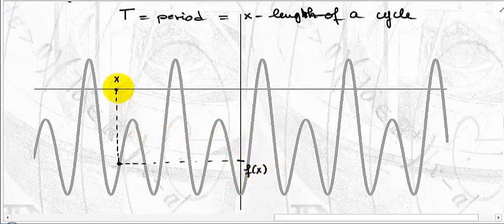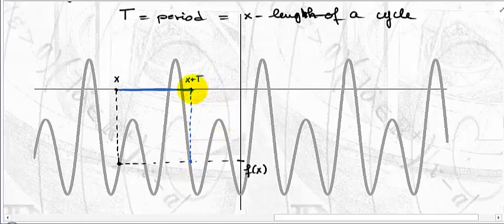Then if you move on the x-axis by one period, right here, this is x plus t. What is the output at x plus t? It's going to be the same as the output at x.